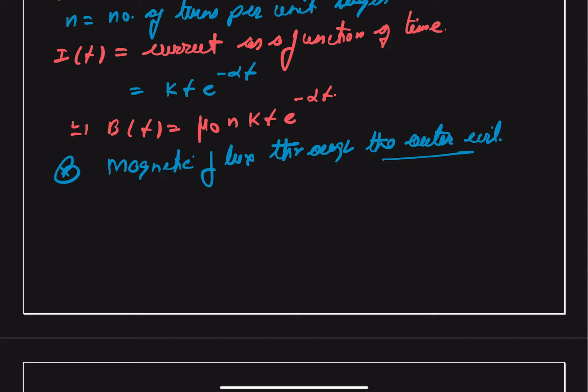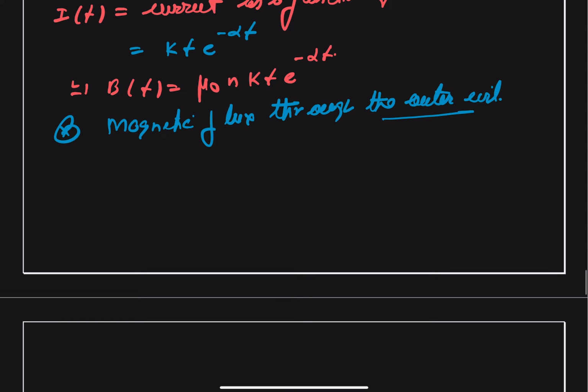We are given that the outer coil has a radius of 2r and it is placed in the equatorial plane of the solenoid, concentric to the solenoid.